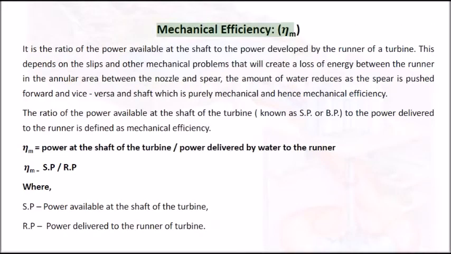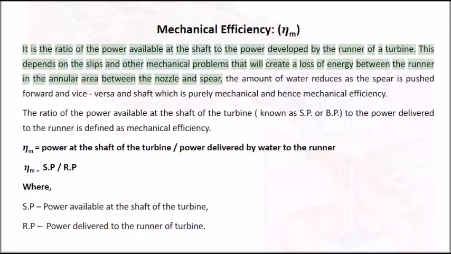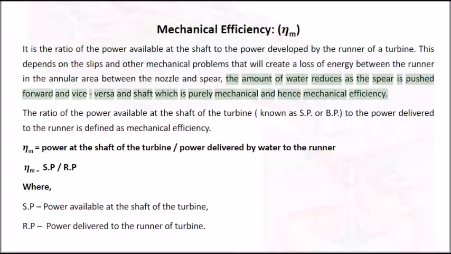Mechanical efficiency, ηM, is the ratio of the power available at the shaft to the power developed by the runner of a turbine. This depends on the slips and other mechanical problems that will create a loss of energy between the runner and the shaft, which is purely mechanical, and hence mechanical efficiency.